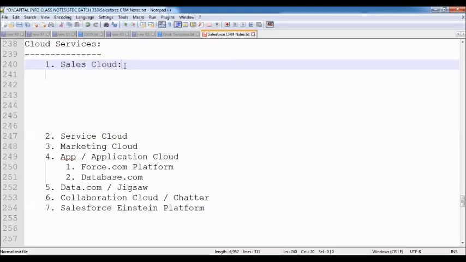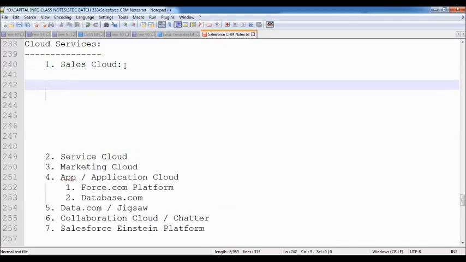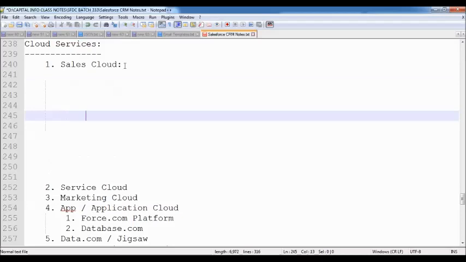Now for example, let me take a general example here. Assume that we have an organization such as Big C. I hope everybody is aware of what exactly the Big C organization is. Big C is one of the mobile sales partners.